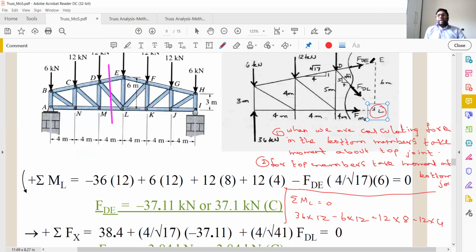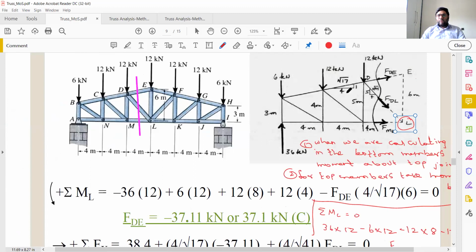So when you are taking FDE into this vertical distance, okay, this is actually an inclined member and we need to resolve it. So this height is 6 meter. So FDE, see here, this is 4, this is 5, and this is root 17 here.